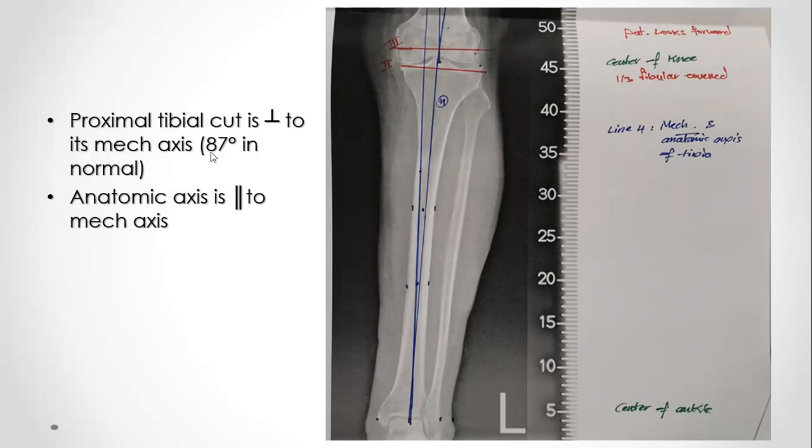When we apply a 3-degree varus in the cut of the proximal tibia, because we would make the cut more varus like that of the anatomic knee, we would see uneven load distribution, and then it will not be parallel with that of the femur, or maybe we may have an uneven load, and then there will be an increase in polyethylene wear and failure. So that's why we are cutting the proximal tibia perpendicular to its mechanical axis.